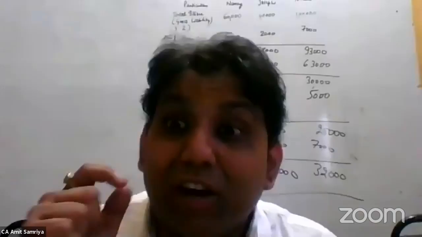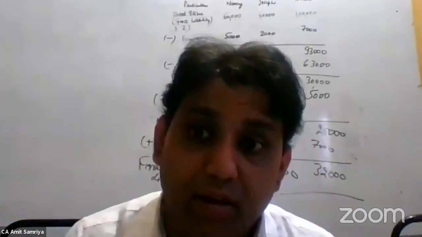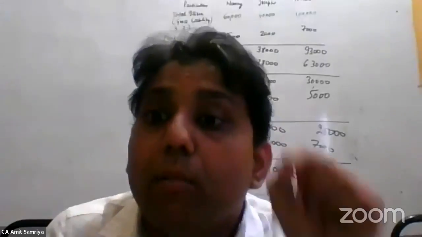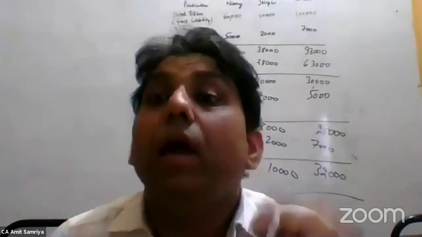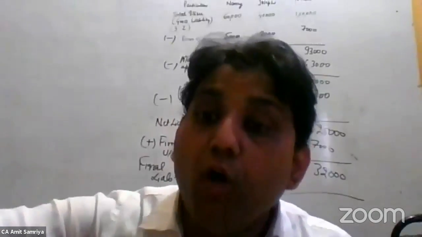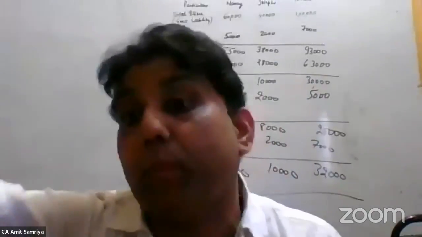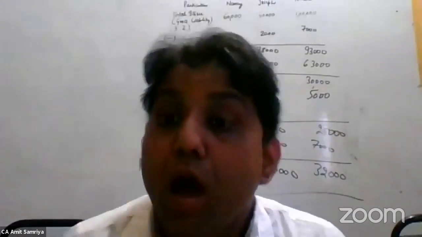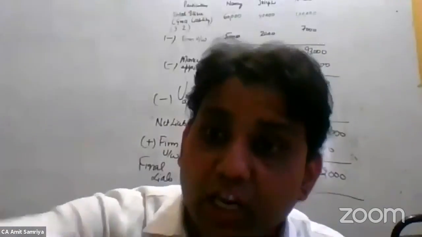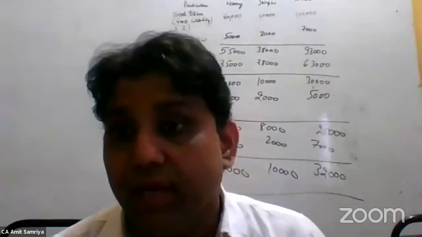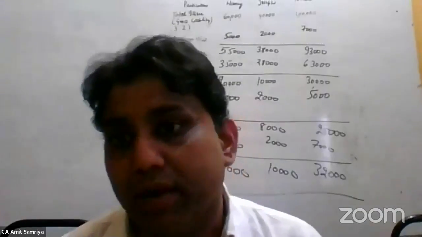So there are conversion rules prescribed in AS 11. Students, note that Accounting Standard 11 deals with profit or loss on exchange transactions and also deals with how foreign operations, such as a foreign branch, foreign subsidiary, foreign associate, foreign joint venture, have their financial statements converted into Indian currency, our home currency. So this is about AS 11.